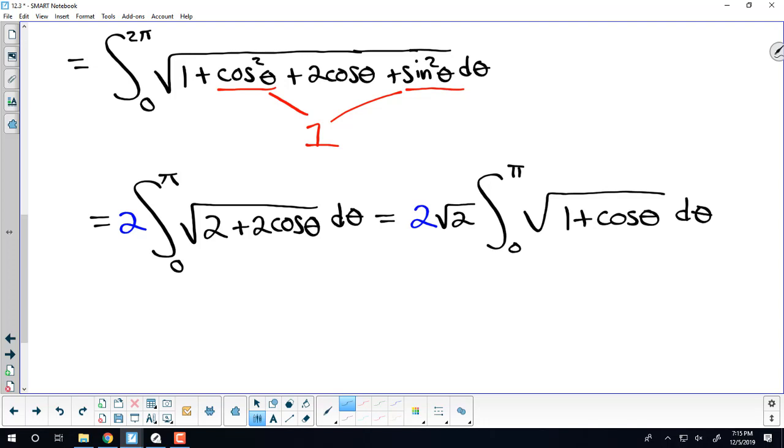A U substitution in what way? Yeah, but then what's du in terms of? So you don't have that negative sign, that's the problem. Well, then you have a different function.